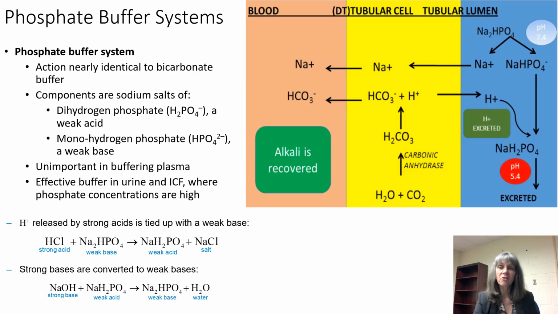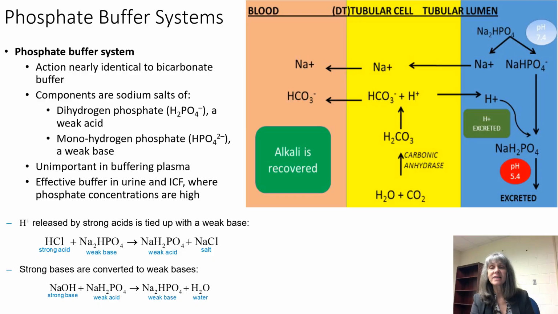So actually the far right is what's going to be excreted. So this is actually demonstrating in the lumen of the tubule how disodium phosphate can split apart and take on that excess hydrogen ion that was kicked out by the tubular cell. This is how we can get rid of hydrogen ions.